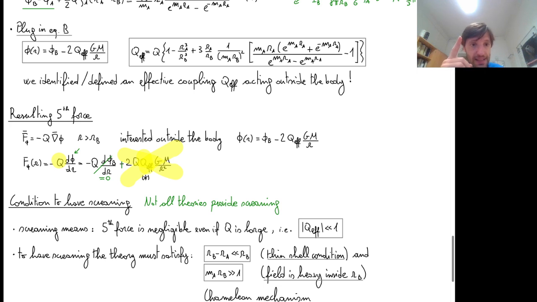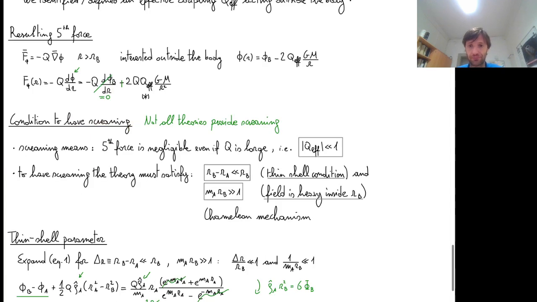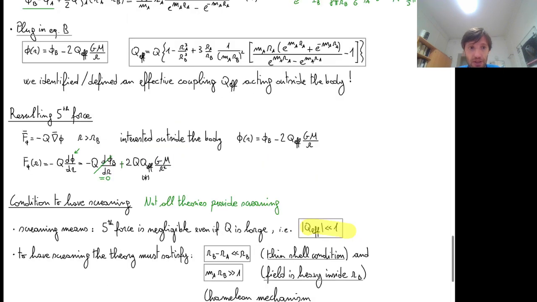Okay? That's the trick. Therefore, you understand that in general we do not have the screening mechanism, we have it only if this guy is very small. Therefore, let's look at the condition for having the screening mechanism. And again, as I said, that's the guy, and this happens when this is small.